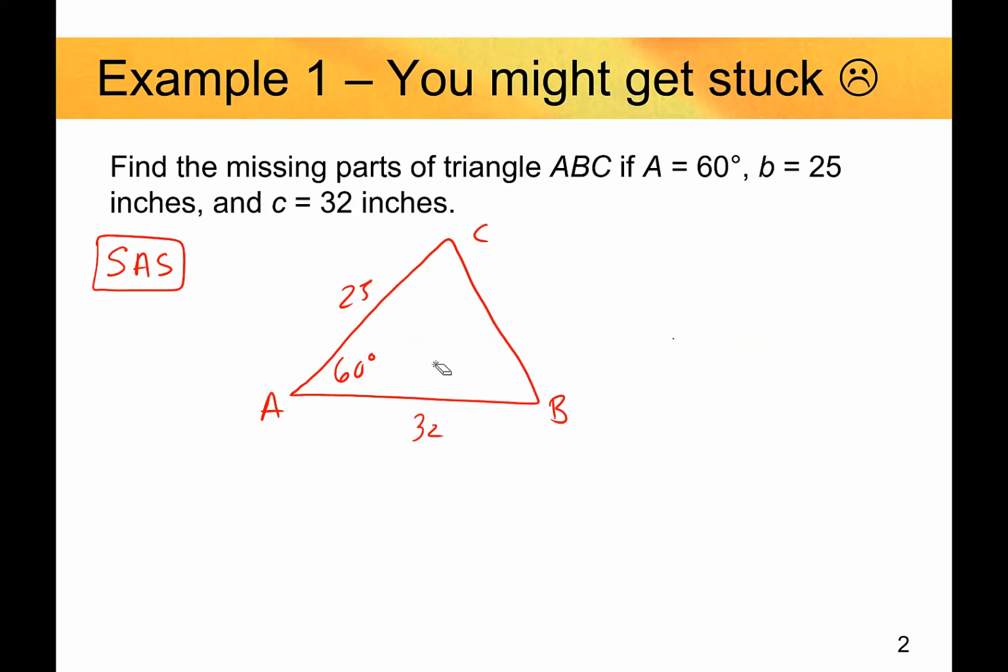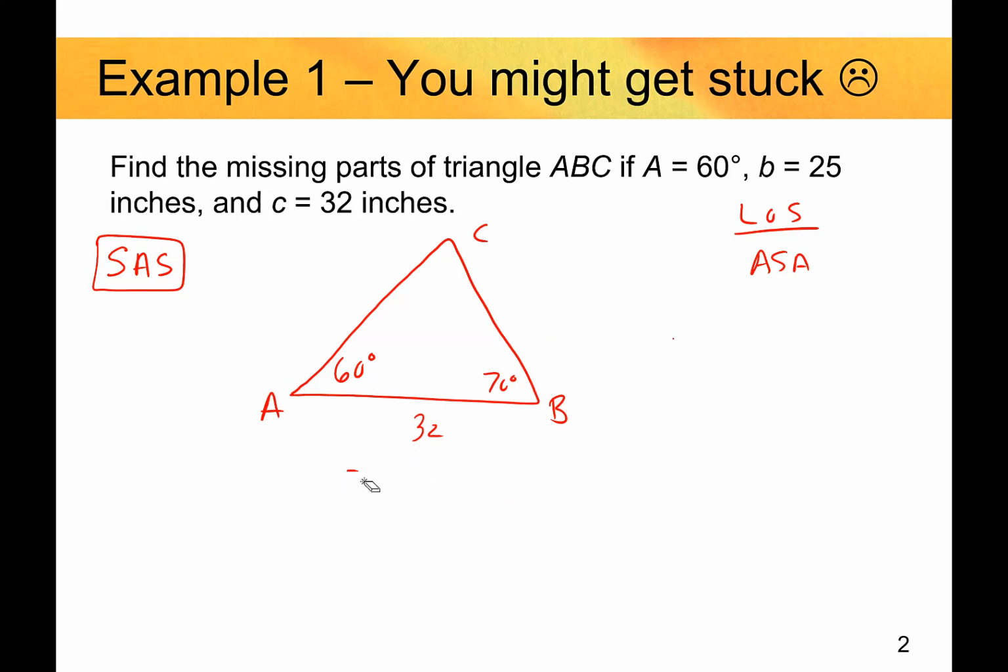Let's do a little bit more work here. If I knew this right here, could I solve with the law of sines? This would be angle side angle. So notice, with angle side angle, I can use the law of sines.